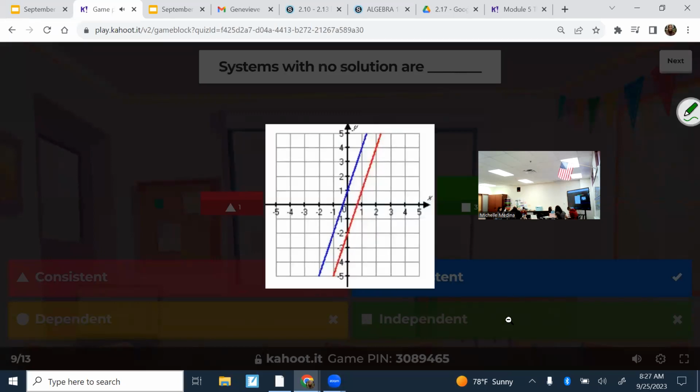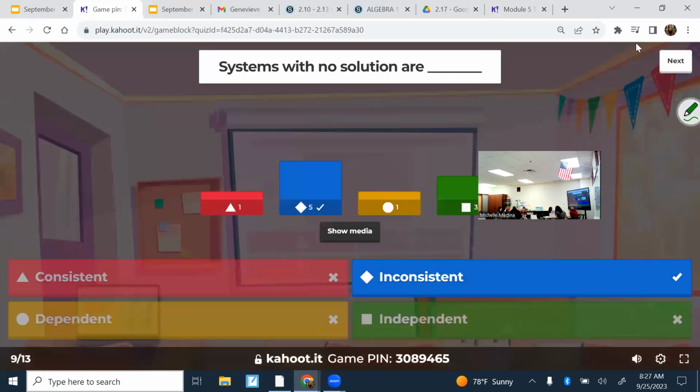It probably should have been independent too. I don't remember. I haven't had to teach the vocabulary in a few years. But definitely inconsistent because no combination of X and Y works for both. Okay, so then next one.